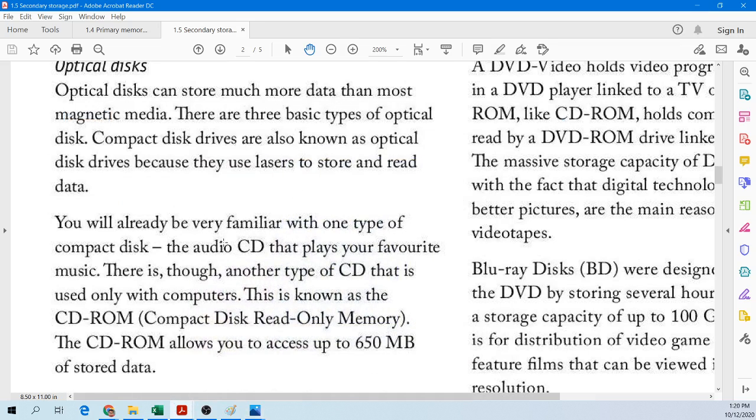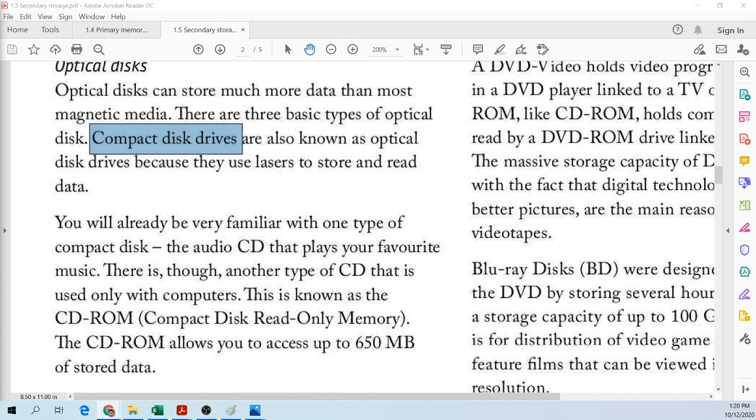Now, a common type of optical disc is called an audio CD, and note CD stands for compact disc. And notice we have the term here again, compact disc drives. So which one is the storage media and which one is the storage device, for a reminder?